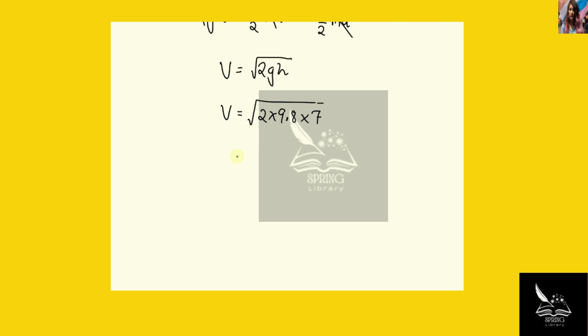Let us calculate this. I am directly writing the final answer. The square root of 2 into 9.8 into 7 turns out to be 11.7132 meters per second. So this is the final velocity, the velocity with which she comes down.